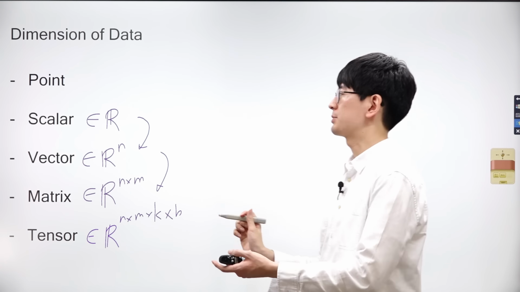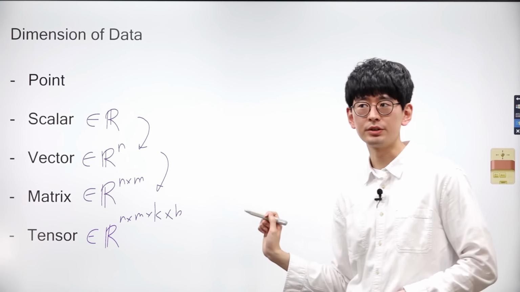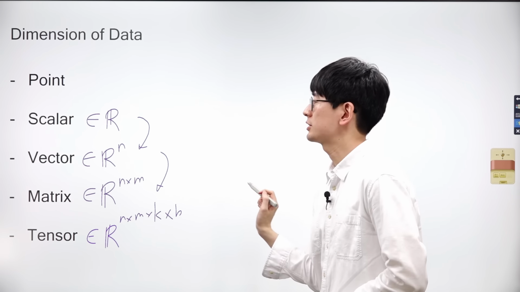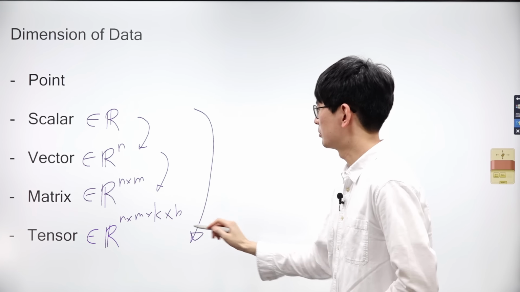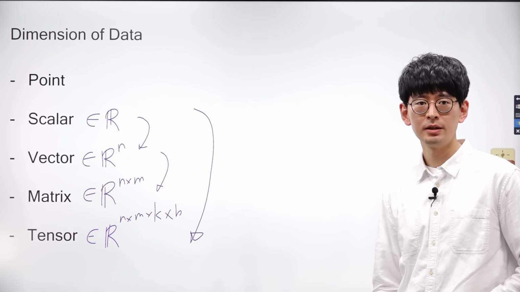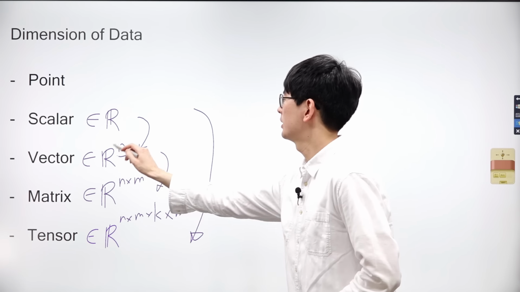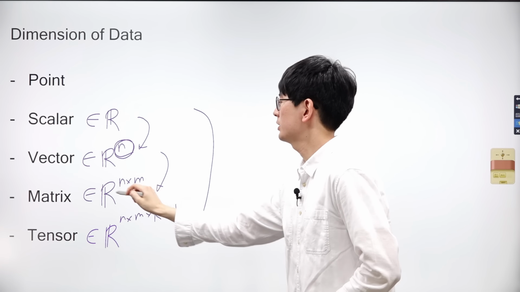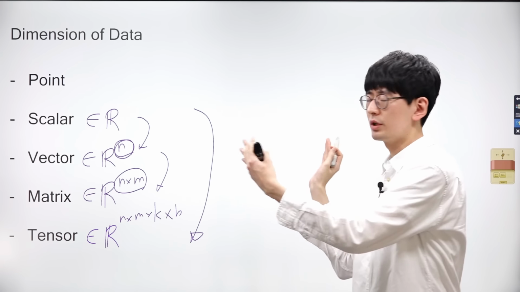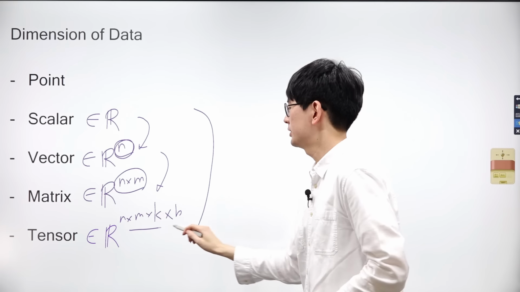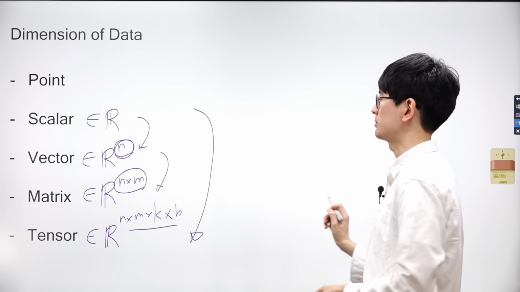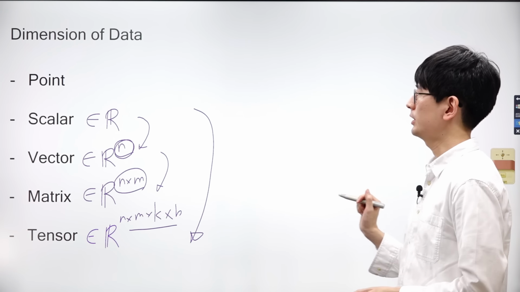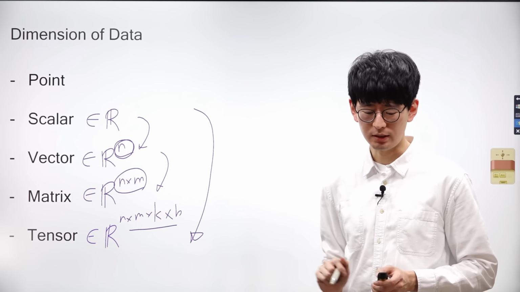That's why the earlier explanation of dimensions, like scalar is one-dimensional and vectors are two-dimensional, is not accurate. It was just to show the increase in dimensions. Scalars are just a single element while vectors have length. Matrices have length and width, and tensors have length, width, and even depth. Please remember the meanings of dimensions and how we can describe them.